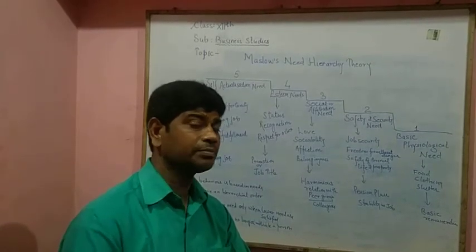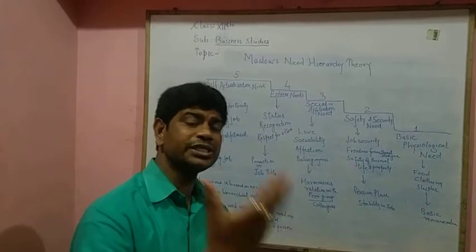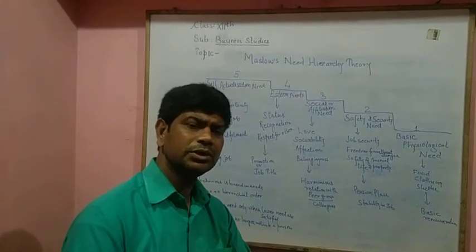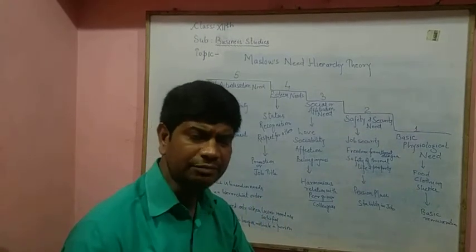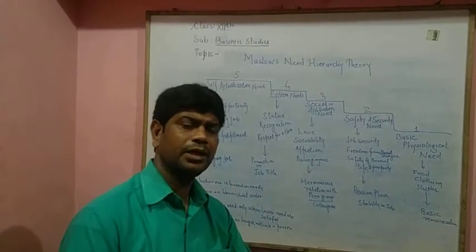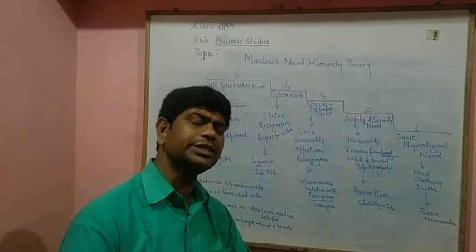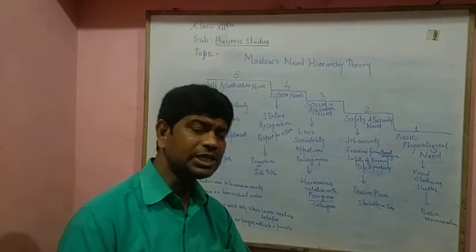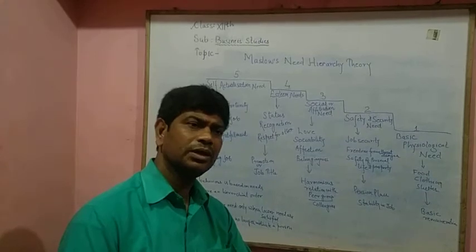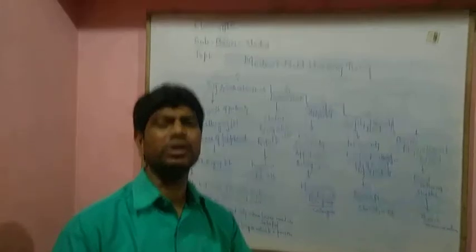So there is economic safety, there is social safety, there are other kinds of safety as well, which a human being strives for. Identification of this need helps an organization so that worker behavior can be modified.